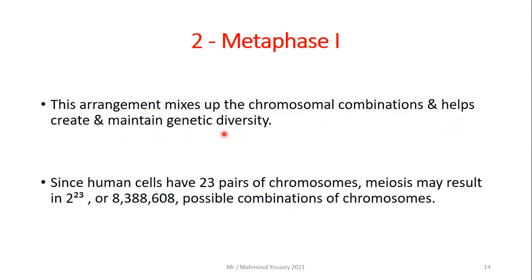This is for the sexually reproducing organisms. Since the human cells have 23 pairs of chromosomes, meiosis may result in 2 to the power 23, or more than 8 million possible combinations of chromosomes. Can you imagine the genetic diversity?